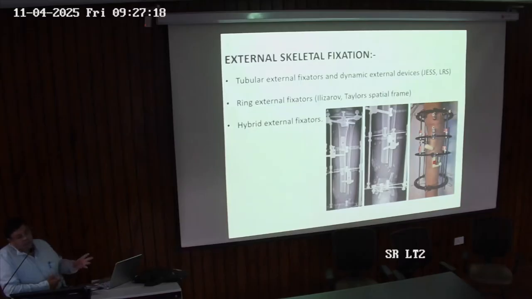So when a piece of bone is lost at the site of injury, or lost at the time of debridement, which is dead bone, we apply an Ilizarov fixator, in which in the upper part you can see a corticotomy is done, and the newly formed bone is stretched, so length is regained.